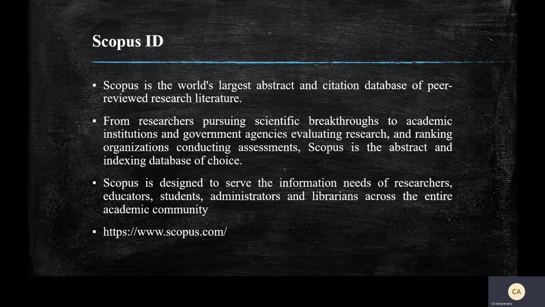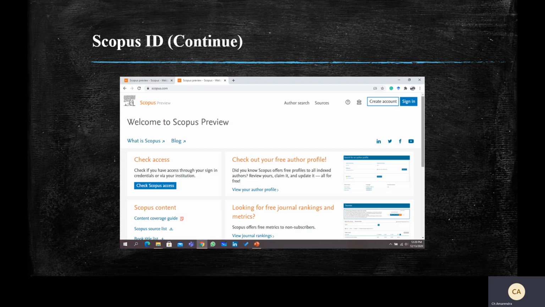Okay, right. So this is scopus.com. If you go to scopus.com, you can find create account, and in that you can create an account. But you will not get an ID unless you publish a paper. If you have a Scopus paper, they will directly give you an 11-digit number, that is your Scopus ID.